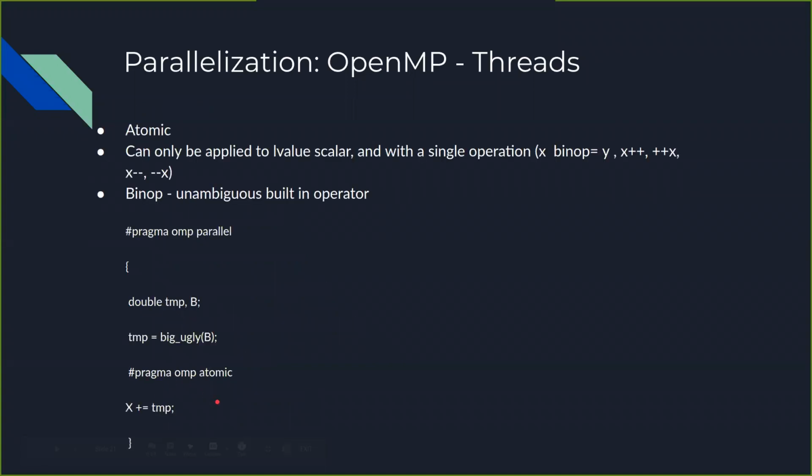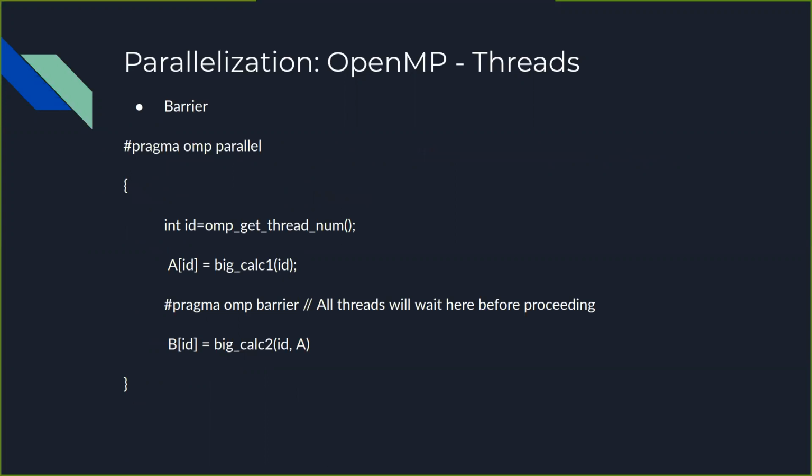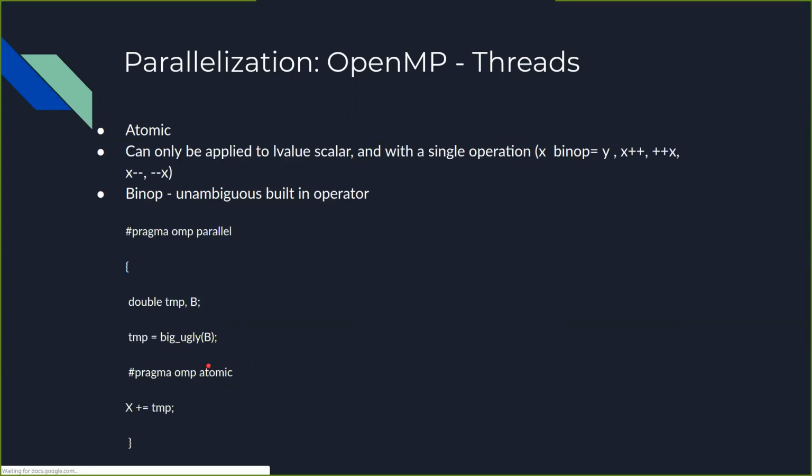And there is an atomic synchronization mechanism. Atomics are a single operation which can be only applied to scalar quantities. In the previous synchronizations, these could be applied to vector quantities as well, but atomics are only applied to scalar quantities, and there is a very limited number of operations which can be used in atomic.